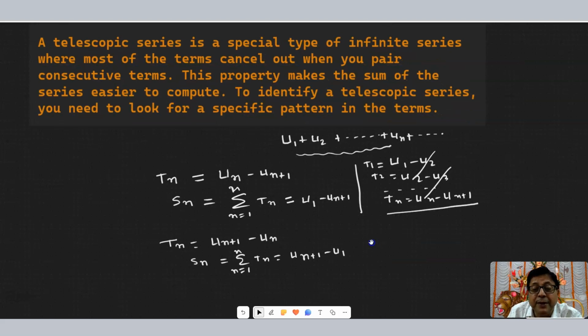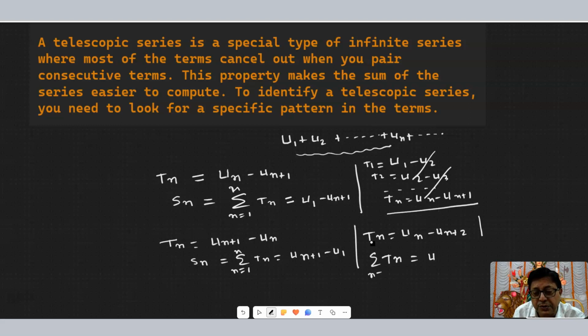Even if you have expressed the series in this form, let Tn equal un minus un plus 2. There also, if you consider sigma Tn or Sn, with n equal to 1 to n, then it will be u1 minus u3 plus u2 minus u4, like this, and you can see that terms get cancelled, just let me check.